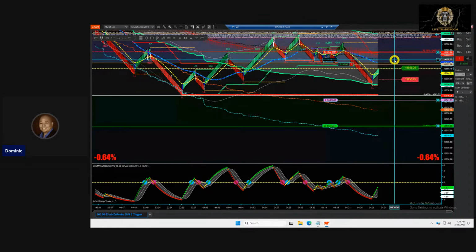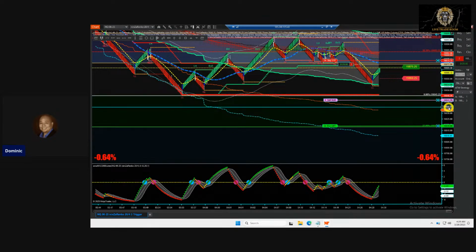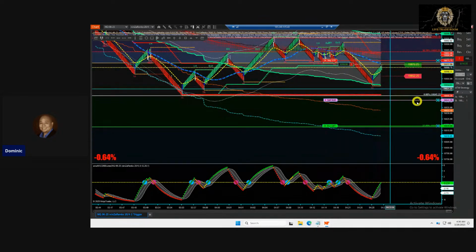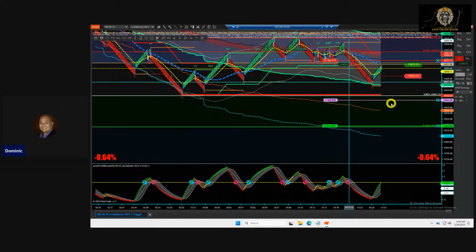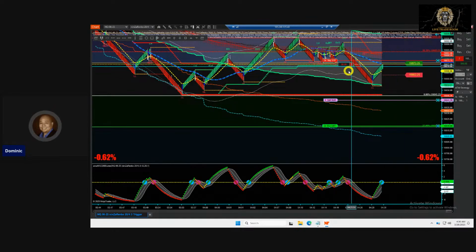But again, I don't want to put such a tight stop. You want to get past 190, but it looks like it won't.